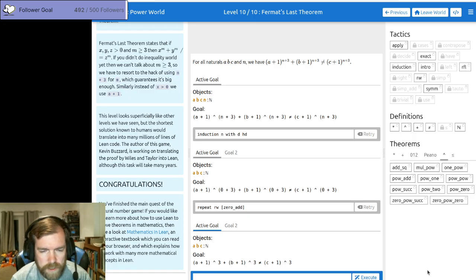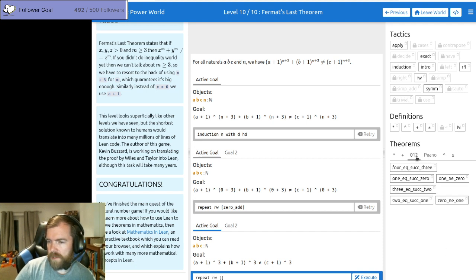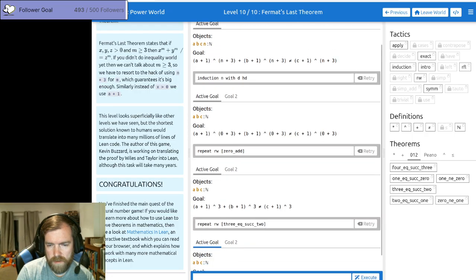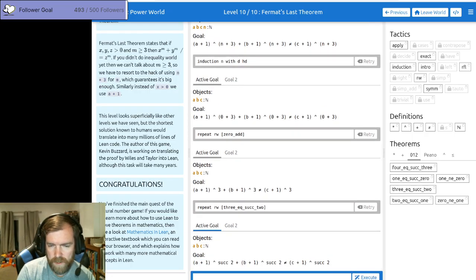So in this particular case, we can then say that we've got repeat, rewrite, 3 is successor of 2. Yeah. Okay, and then repeat, rewrite, pow succ.